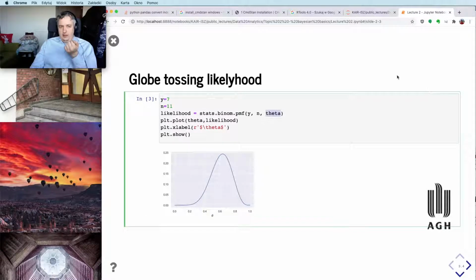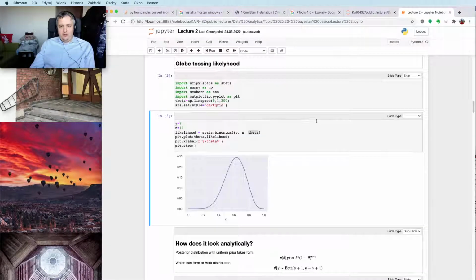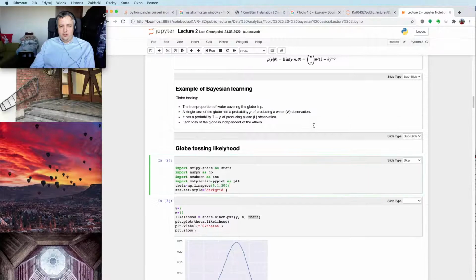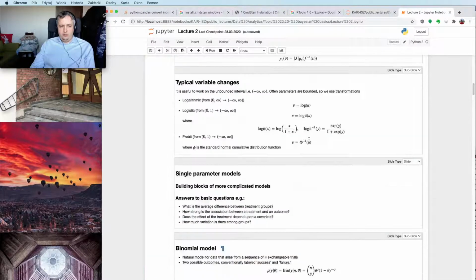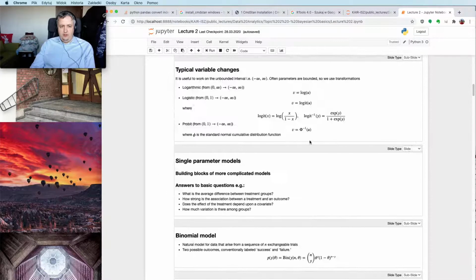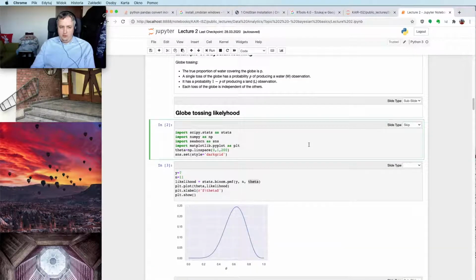I will ask for a bit of patience, because I've just realized that I haven't rerun this notebook before, so maybe some issues here. Just in case, I want to import everything so it will be working. So let's just import all the packages.